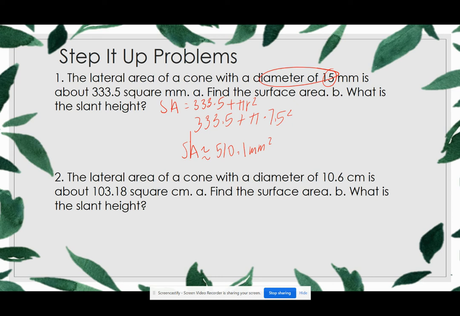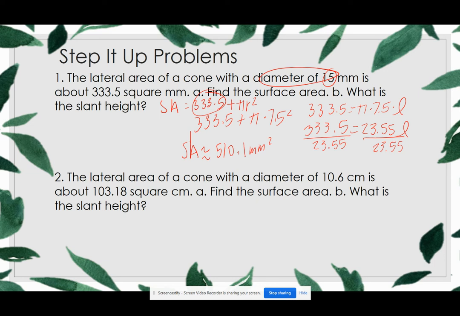So the only part that has a slant height in the formula is the lateral area. So we know that the lateral area equals pi times our radius, which is 7.5, times our slant height. So just like we did for volume when solving for the radius or the height, we're going to do 7.5 times 3.14, which gives me 23.55 L. And then to get a variable alone, let's say this was 23.55x, we saw in the past we would divide by 23.55 on both sides.